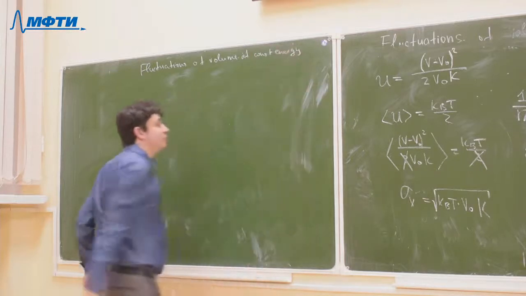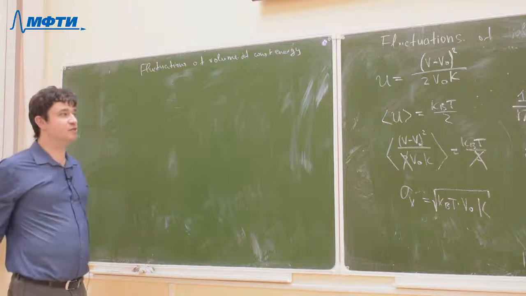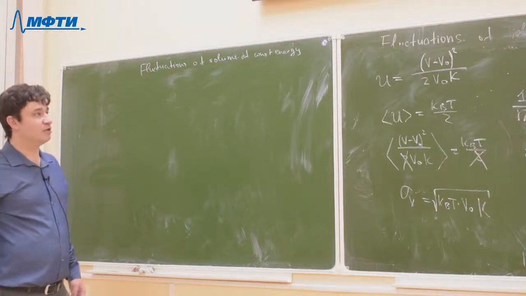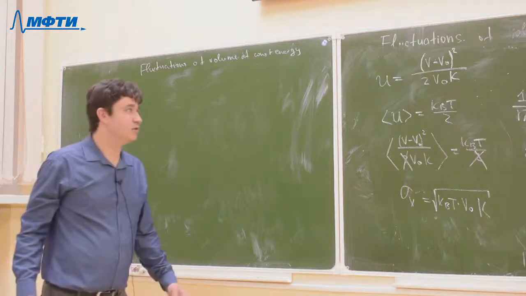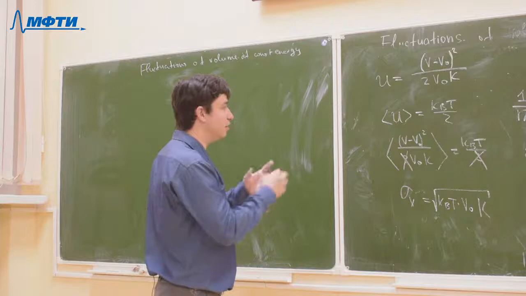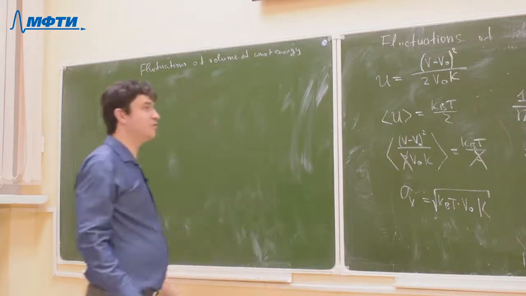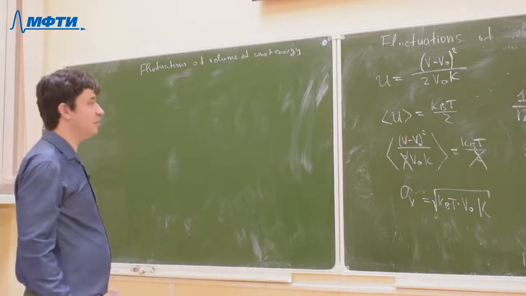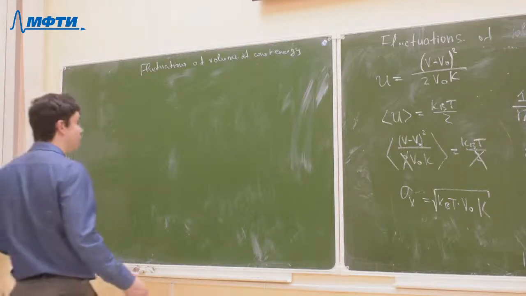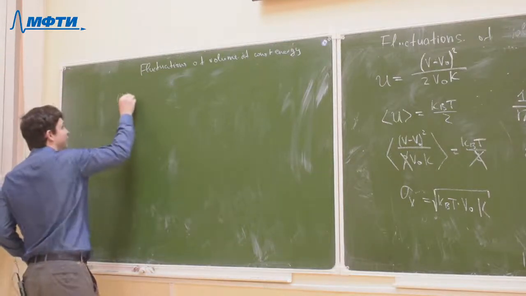So we can, for example, surround our system with some kind of a shell which is impenetrable for heat and which doesn't allow any heat exchange between our system and the external environment, and then again calculate the fluctuations of volume. The internal energy would be exactly the same.